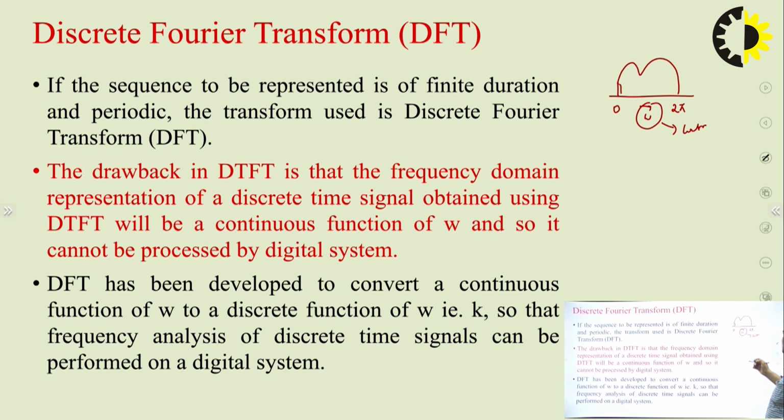So in the case of DFT, we are basically sampling this one period of the DTFT, and these are discrete values like 0, 1, 2, 3. Let us suppose this overall separation is 2 pi and we are dividing it into N equal parts.